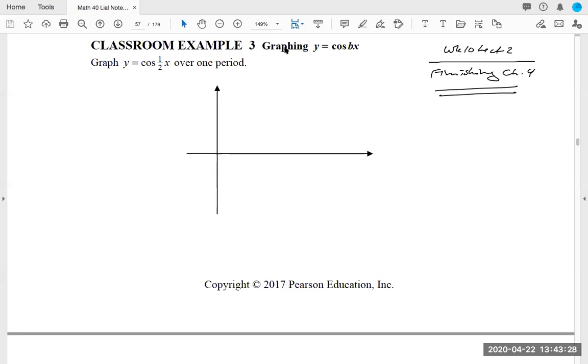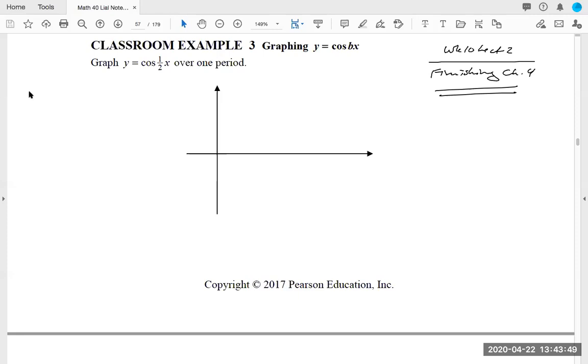Okay, so your warm-up, hopefully you've already watched the last video, at least skimmed it, if you were having trouble graphing trig functions. But I go over the process of how to do that for the sine and cosine functions. So this was the classroom example I gave you for a warm-up.